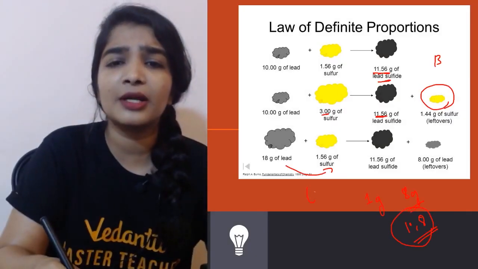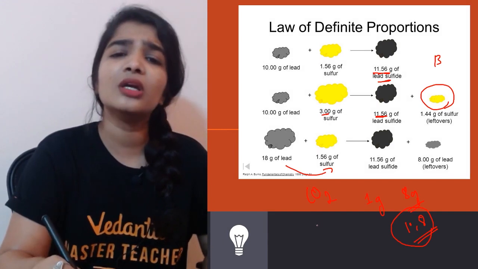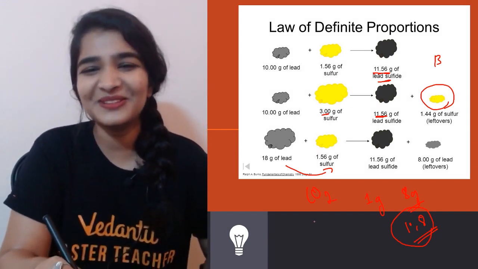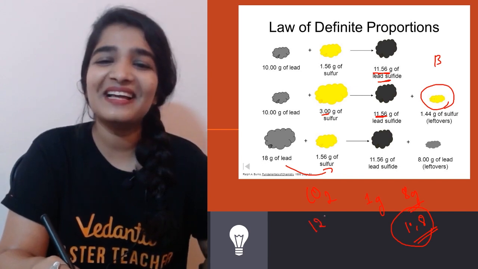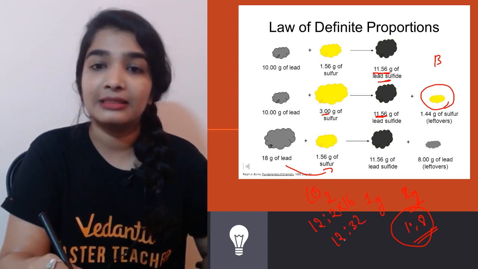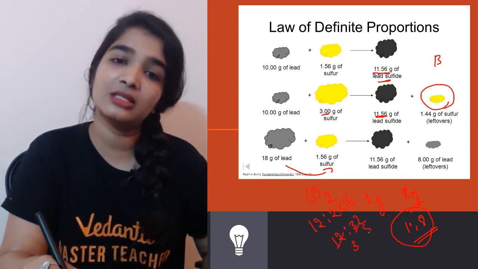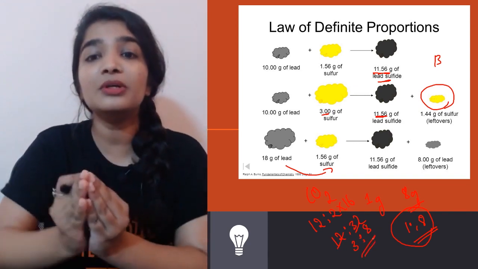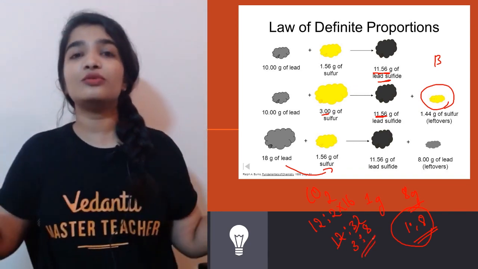Let me give you one more example: carbon dioxide. What is the atomic mass of carbon? So 12 is to 2 into 16, right? So it will be 12:32. I'll simplify it: 4 3s are 12, 4 8s are 32, so 3:8. So 3 grams of carbon will only combine with 8 grams of oxygen.